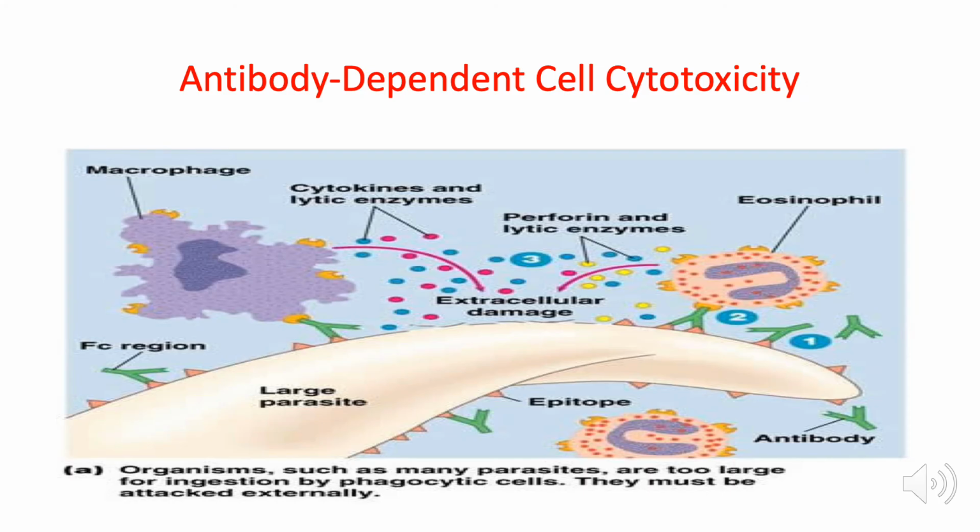You have also learned from the previous PPT that eosinophils attack parasites via the process called antibody-dependent cell cytotoxicity, wherein the eosinophil will bind to the antibodies present on the surface of the parasitic worms or protozoans, and then they will release their major basic protein through the process of degranulation.